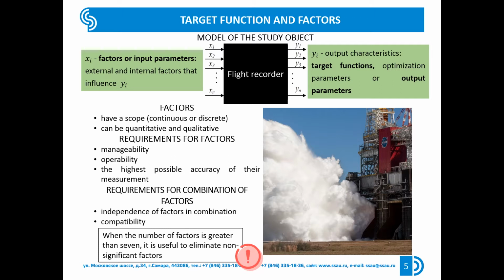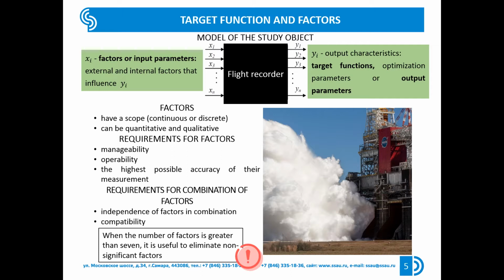These can include thrust, specific thrust impulse of the liquid propellant rocket engine, parameters determining its performance, pressure in the combustion chamber, etc. The inputs of the black box, X, are called the factors or input parameters. These can include all the external and internal factors that influence the main output characteristics of the LPRE. For example, regulation of propellant or oxidizer flow rate changes the engine output parameters.